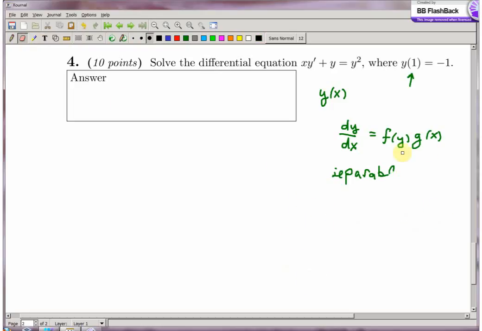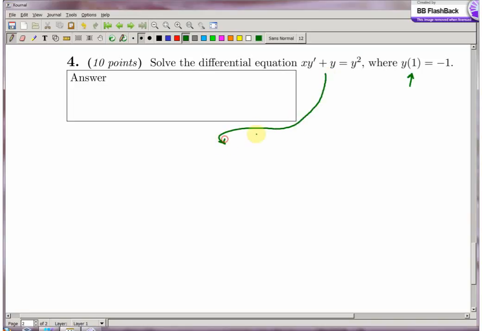So here we go with this particular equation. The first thing we want to do is solve for y prime. So let's get y prime by itself. I have x y prime is equal to y squared minus y, and then I can just divide through by x, and then it goes over here, and so you have this.